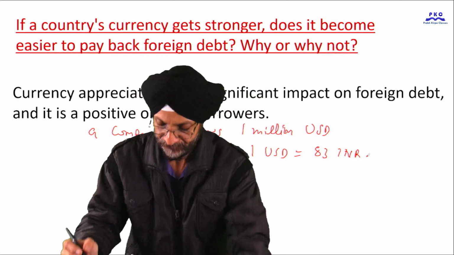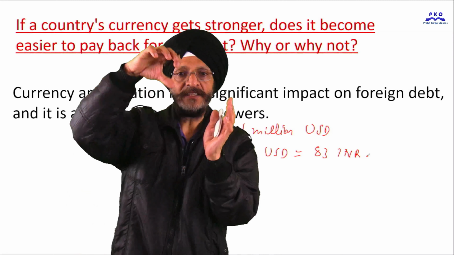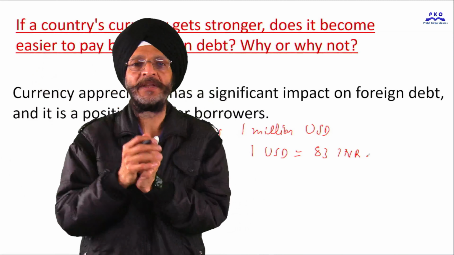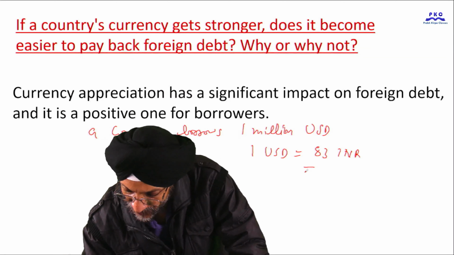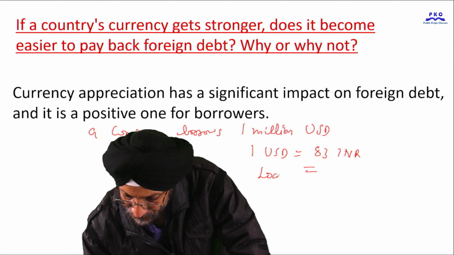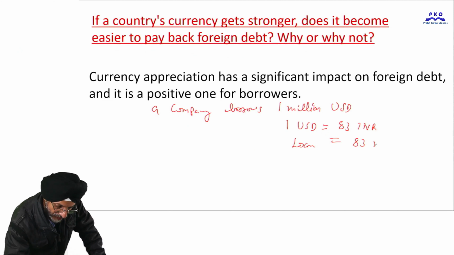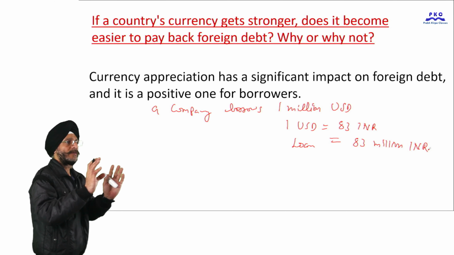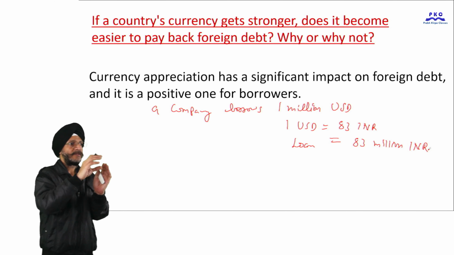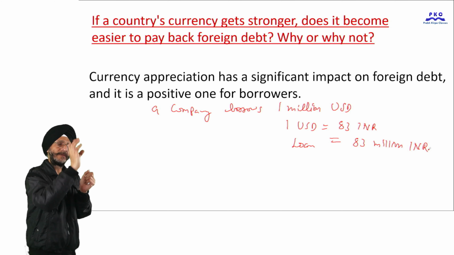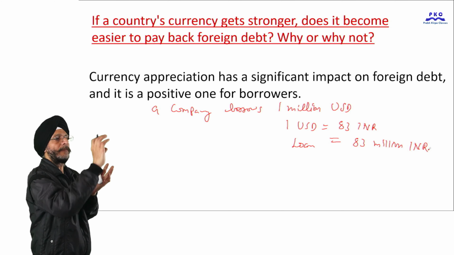Say the current value of the loan in Indian rupees is 83 million Indian rupees. This is the loan, the present-day value of the loan which has been availed by the government of India or any company in India.